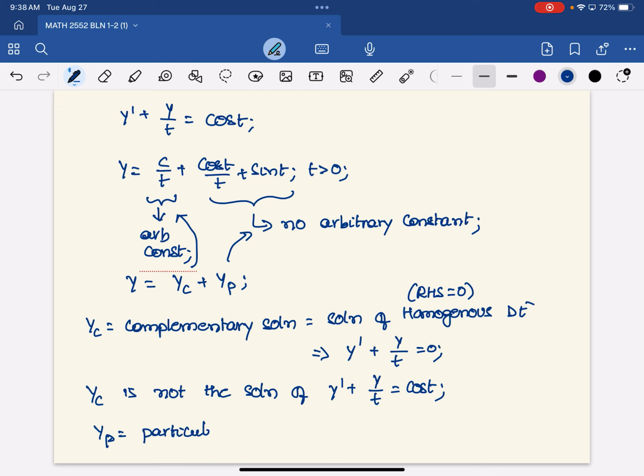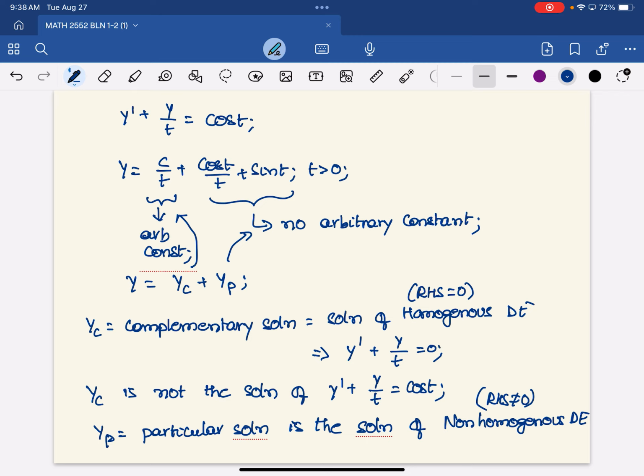Then similarly, you can extend this concept: yp is the particular solution. A particular solution is the solution of a non-homogeneous differential equation. In other words, the right hand side is not equal to 0.